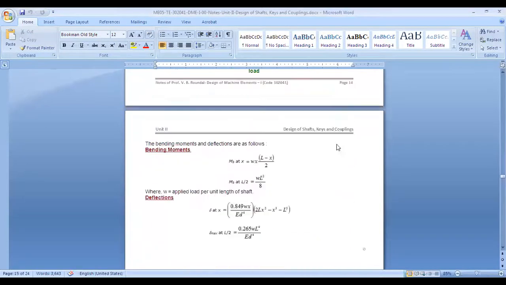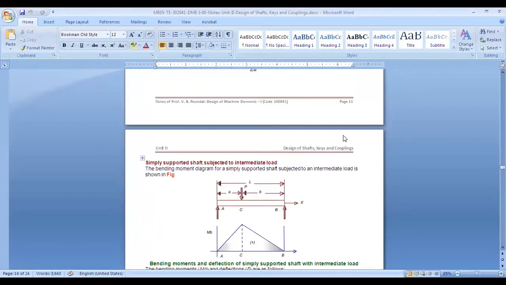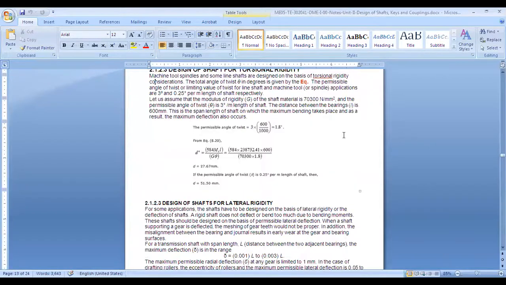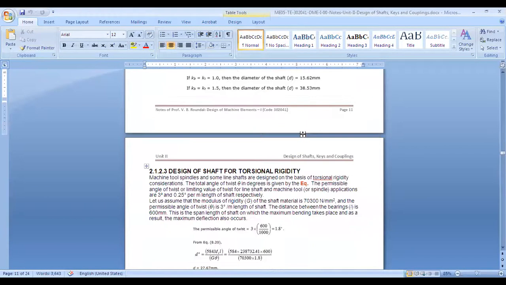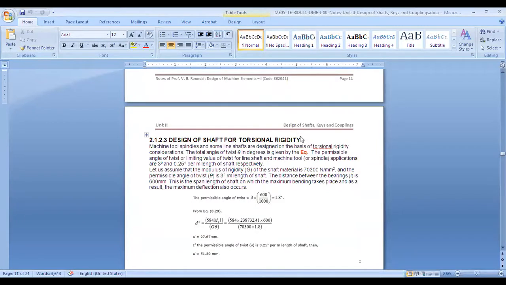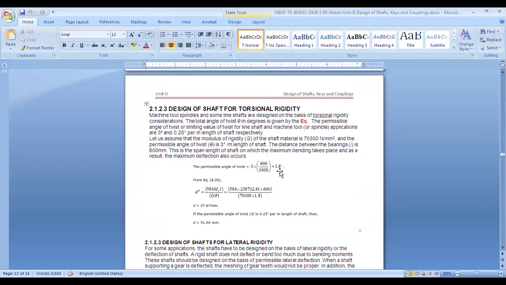So in 5 minutes, we'll just try to complete the design based on the torsional rigidity. So what is torsional rigidity? We talked about it, right? Here we'll use the formula d raised to 4 is equal to 584 MTL upon G theta, or basically it was a formula for theta. We got it from the torsional equation.